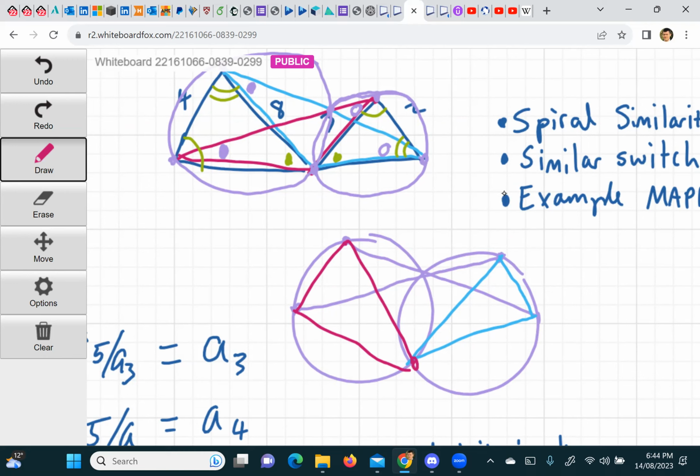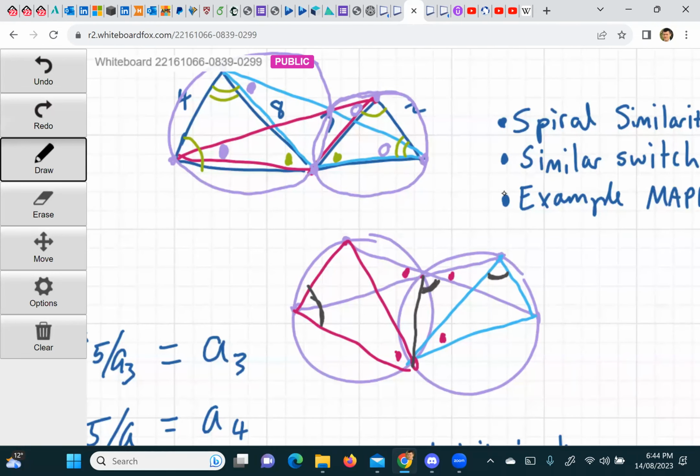And we can prove this because this angle is equal to this angle by bow tie, which is vertically opposite this angle and is equal to this angle, right? And then the other ones are similar. So this angle here is equal to this angle here, right? Bicyclic quads, and which is equal to this angle here.